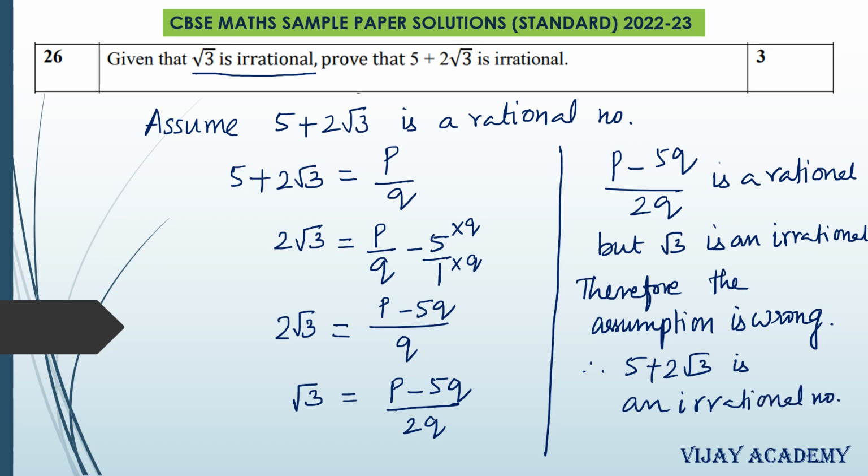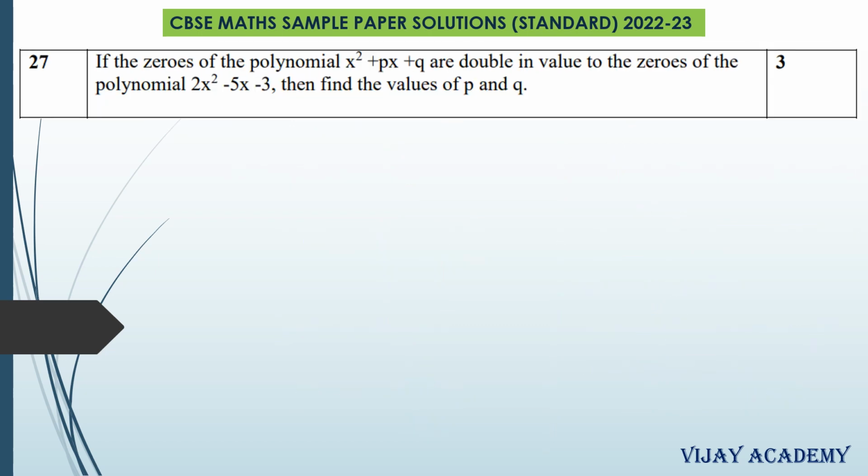Now let us move on to question number 27. Question number 27 is: if the zeros of the polynomial x square plus px plus q are double in value to the zeros of the polynomial 2x square minus 5x minus 3, then find the values of p and q.